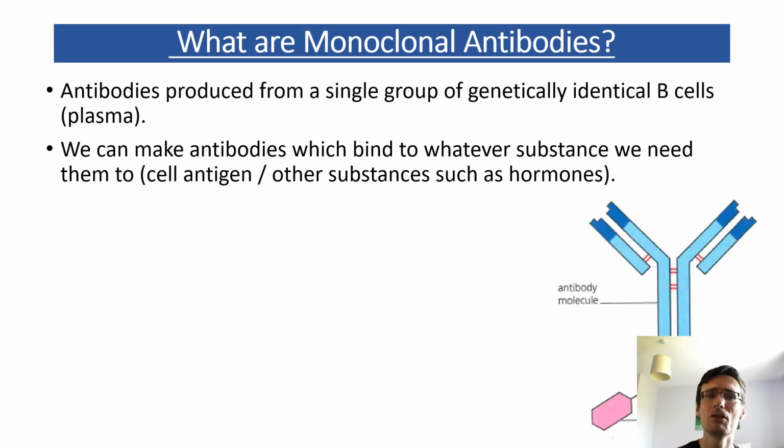So let's talk about what they are first of all. Antibodies produced from a single form of genetically identical B cells are called monoclonal antibodies. Mono meaning one, clone meaning lots of the same type. We make antibodies which bind to whatever substance we need, and it could be antigens, but it could be hormones and things like this. It depends how we shape them and how we make them.